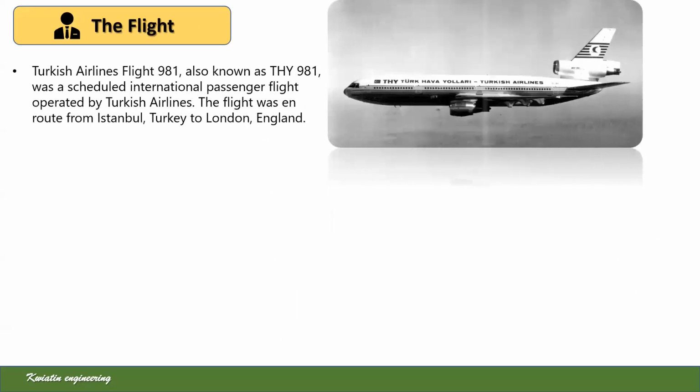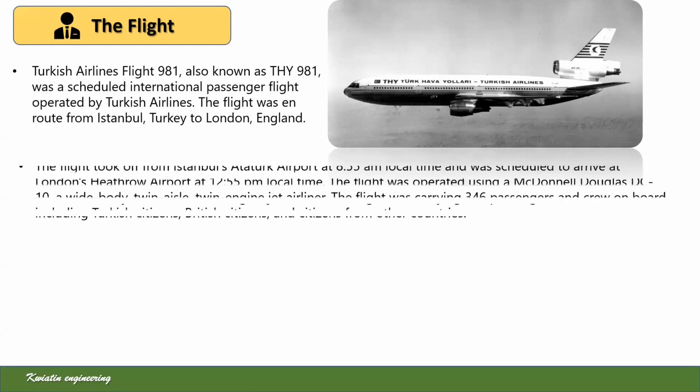Okay, now let's discuss the flight. You can see this is the flight. Turkish Flight 981, also known as THY 981, was a scheduled international passenger flight operated by Turkish Airlines. The flight was en route from Istanbul, Turkey to London, England.